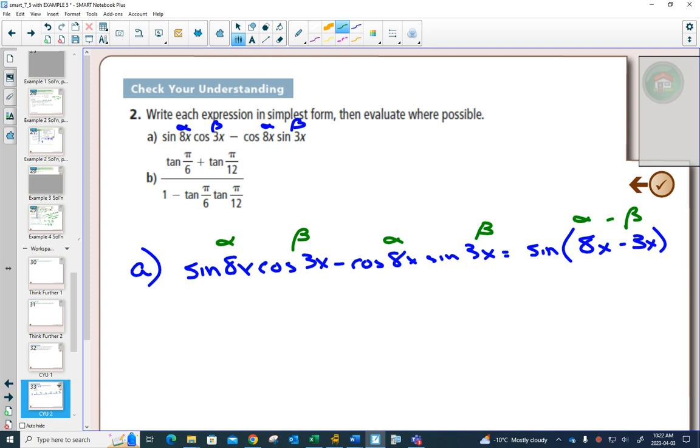It matches up perfectly with that formula. And then because these are like terms, I could simplify this to be sine 5x.